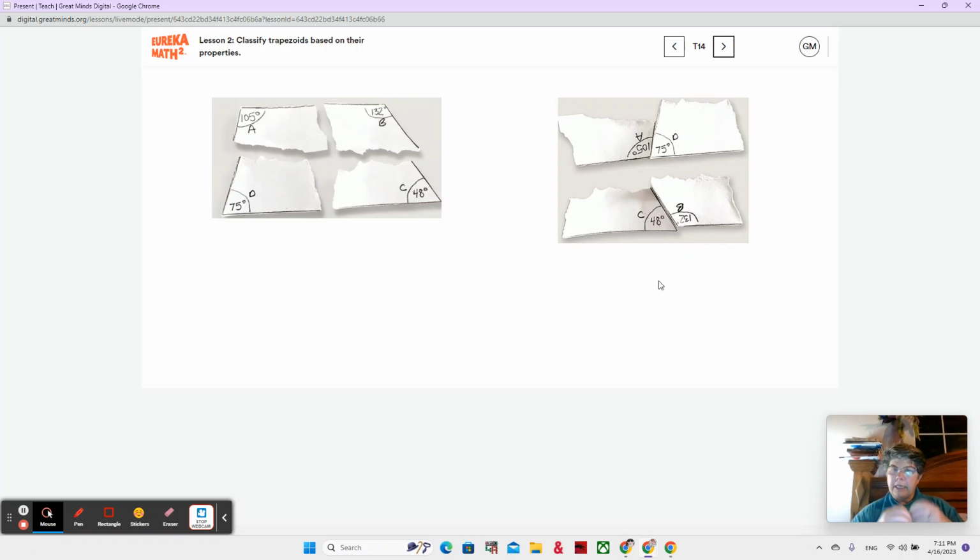So right now you're doing that. If you need to pause the video and give yourself some time to line those up on your desk, you do need to line them up on your desk and look at those.